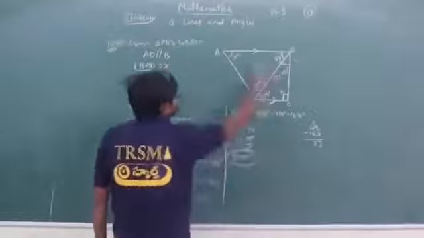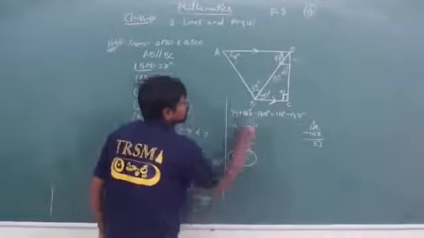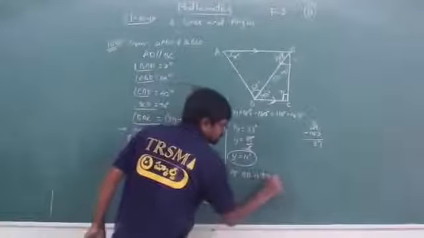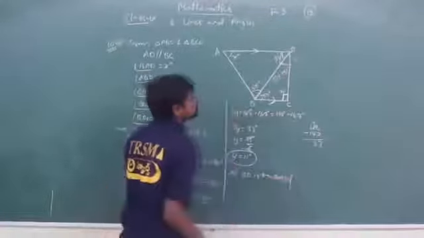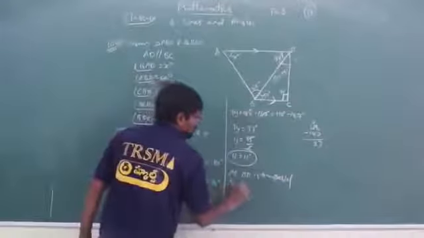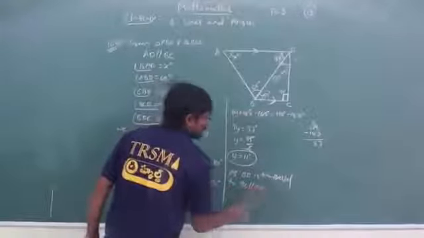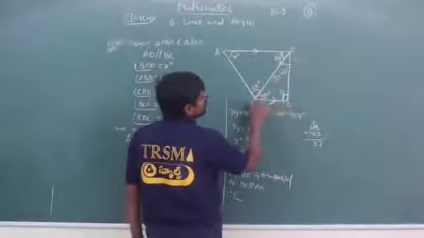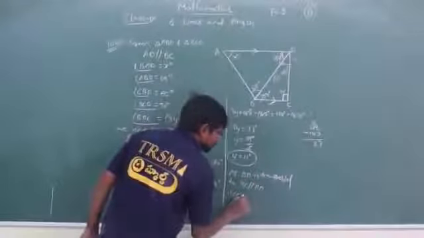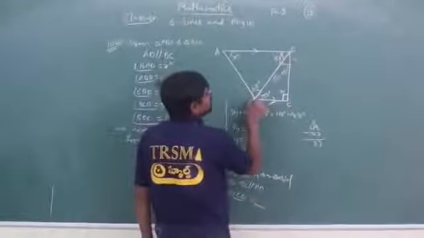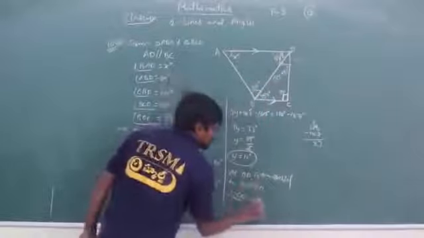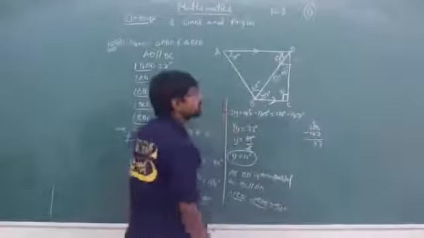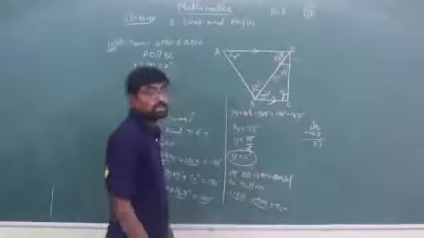Here you can see BD is a transversal to BC parallel to AD, therefore angle CBD equals angle BDA or ADB, that is equal to how many degrees? 52 degrees. So now again sum of interior angles of a triangle.